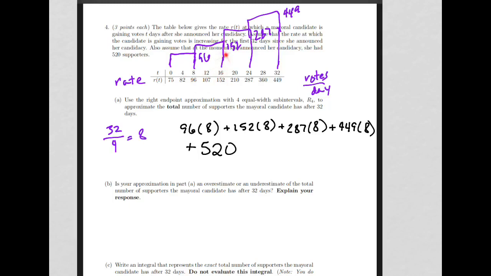And then here, we picked 152, so this is going to be an overestimate. And then for the third period of 8 days, we picked the 287, so this is an overestimate, and so on. And so we have that this is an overestimate.